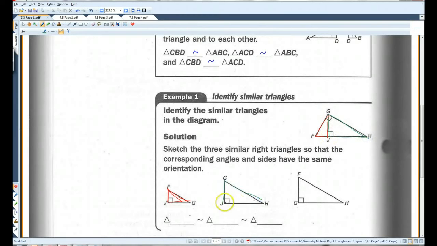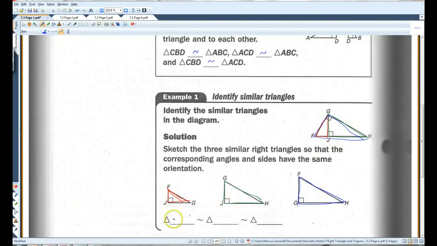There we go. And then, of course, you have the big triangle. The big triangle, in order to make it work, you actually have to flip it over so that the right angle lines up with the other triangles. All three of these triangles inside this figure are similar to each other.